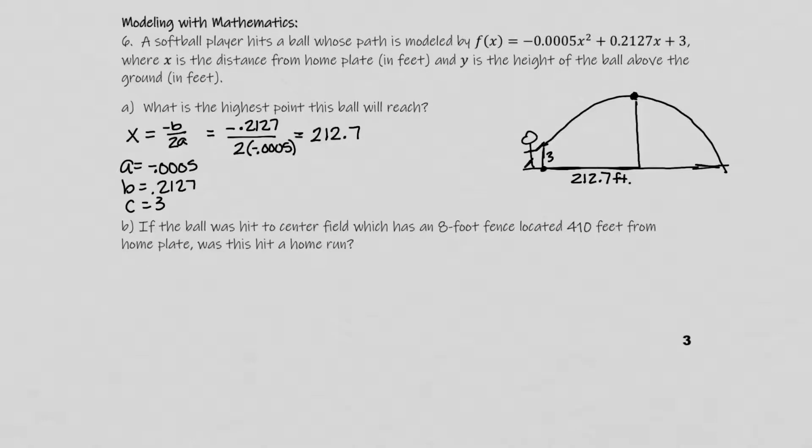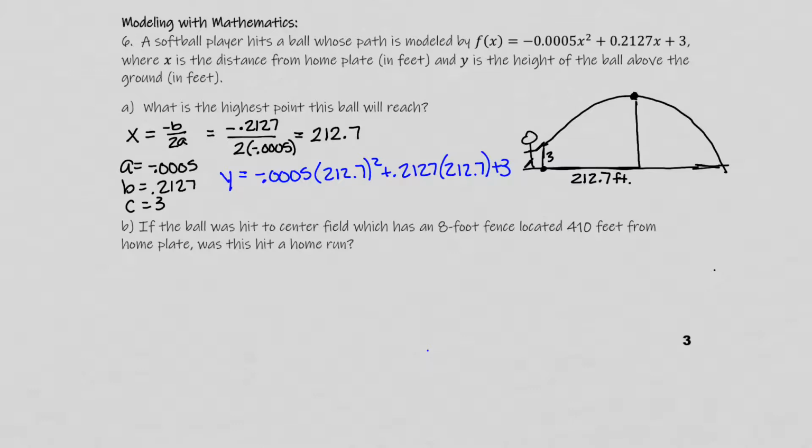So I'm going to plug in 212.7 everywhere in my equation that there's an x. So y is going to equal negative 0.0005 times 212.7 squared plus 0.2127 times 212.7 plus 3.